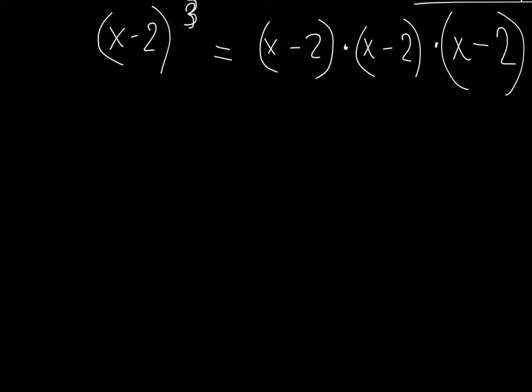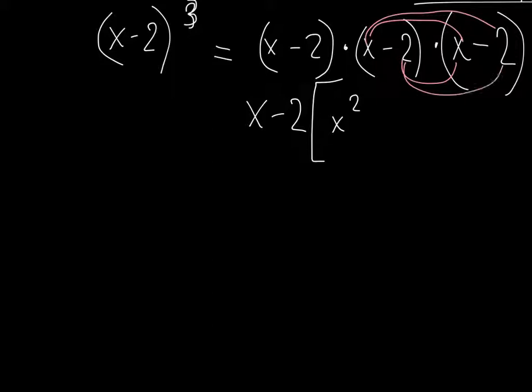To solve it, we need to multiply two of these first, and then we can multiply by the third, since it gets more confusing if you multiply all three at once. So let's break it down a step. Let's do x minus 2 with a big bracket. Now I'm simplifying these two: x goes to x, and x to that, and then this to that.